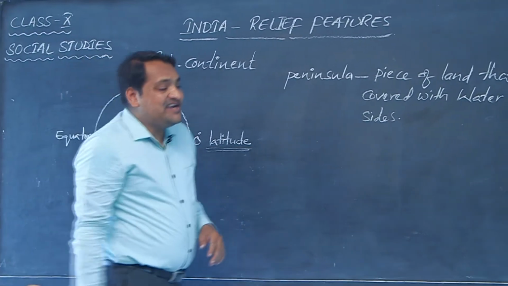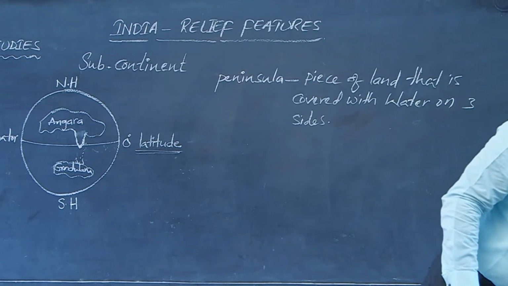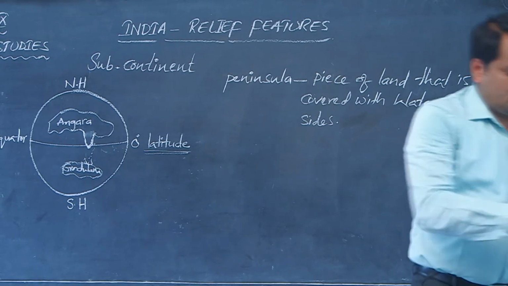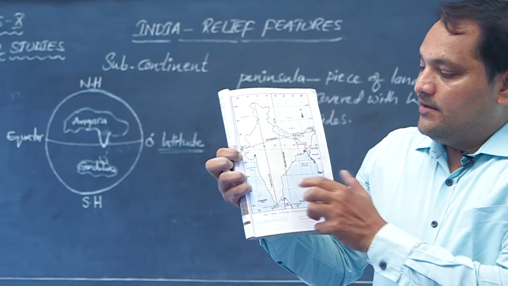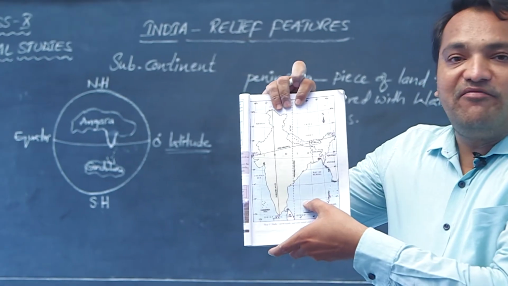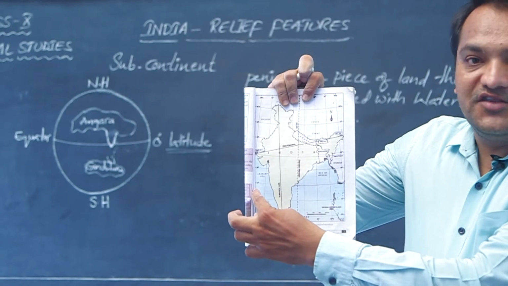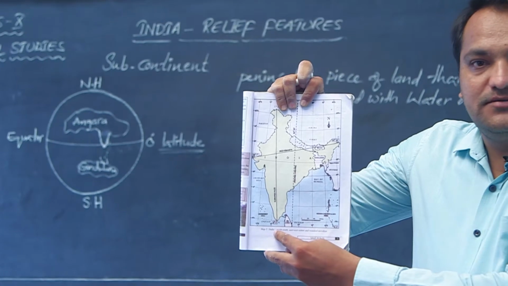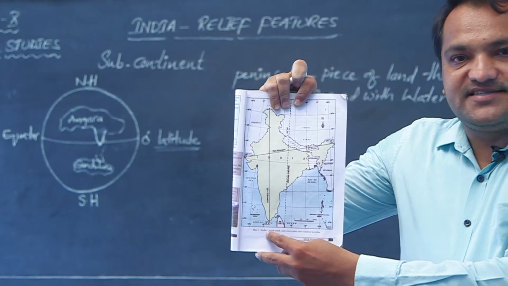Now, if we take the geographical setting of our country, for example, if we look at this, what do we see? We see the Bay of Bengal in the east, the Arabian Sea on the west and the Indian Ocean in the south. This is how India is called a peninsula.